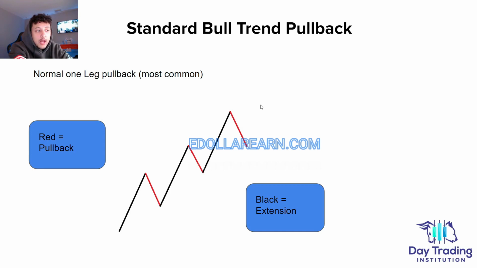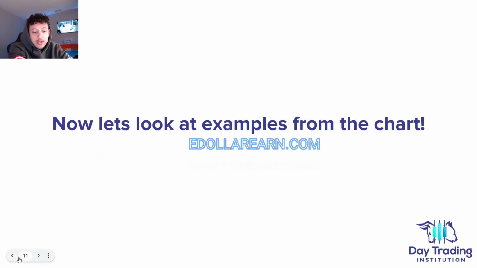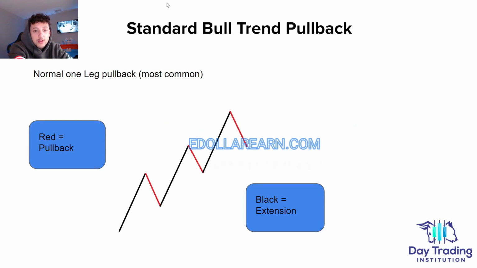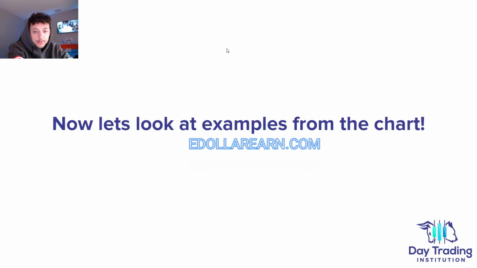It's getting higher and higher each time, hence the name extension. That's an example of a standard pullback within the market. This is what you're going to see on a normal day-to-day trading basis or in a normal trend. This is going to be the cleanest type of trading opportunity, your standard pullback, your normal pullback.